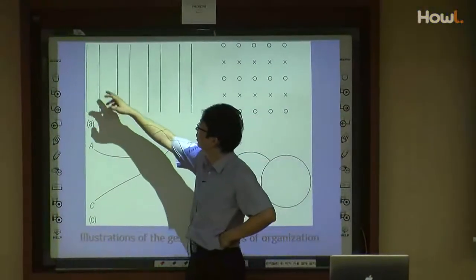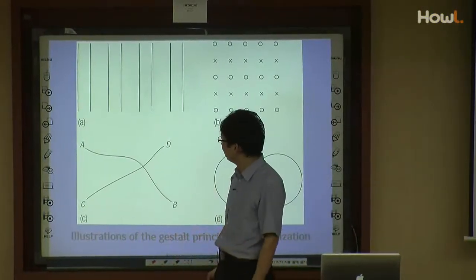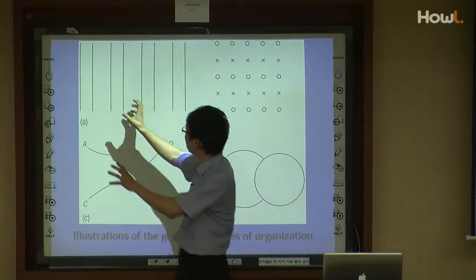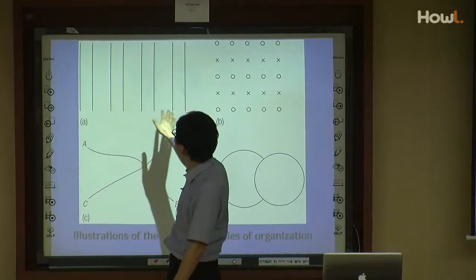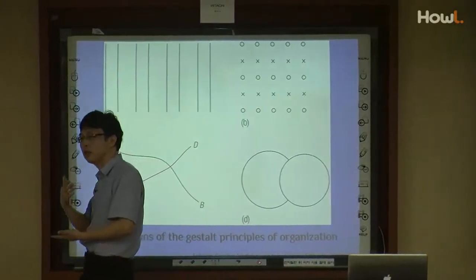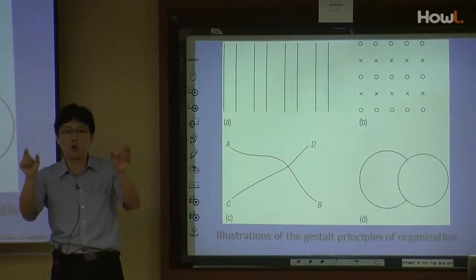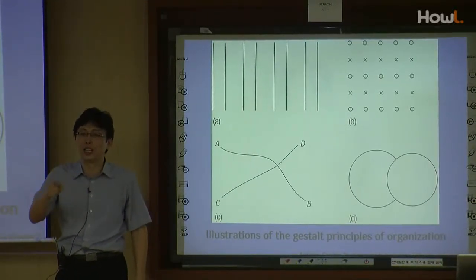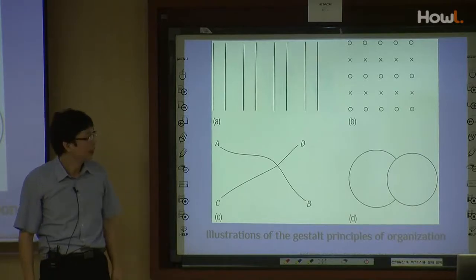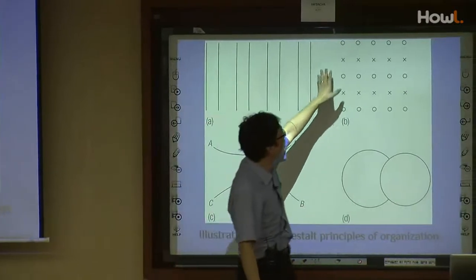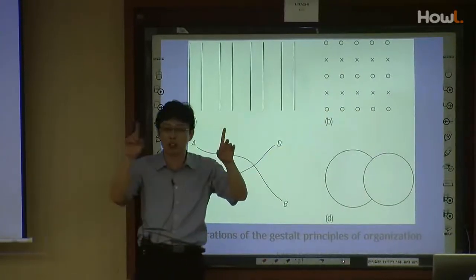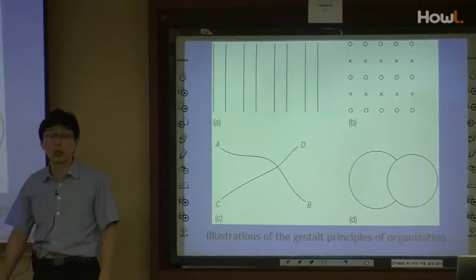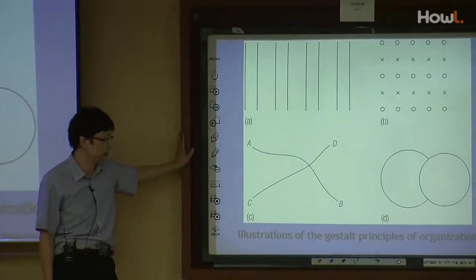Okay, the examples you may have seen many times in my lecture slides. When you see this one, you have proximity. Many people simply say that is 4 columns rather than 8 different lines. And this one is similarity, so we can have a very structured visual perception with crosses and circles.